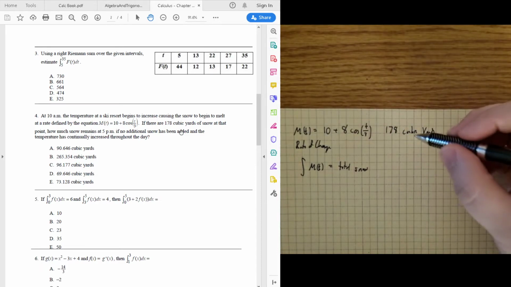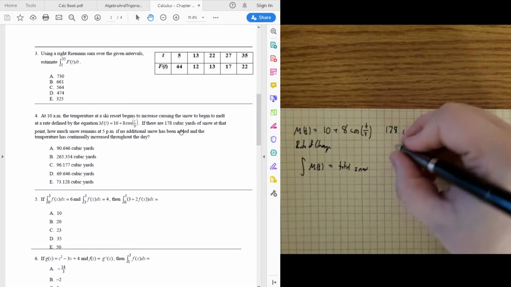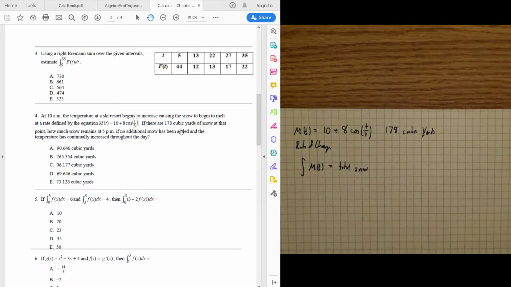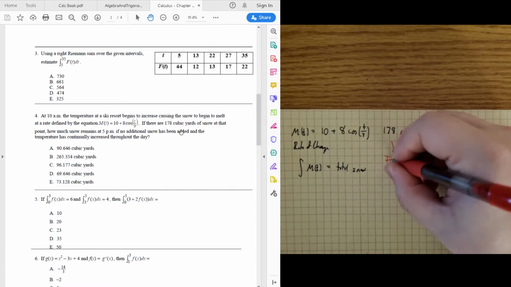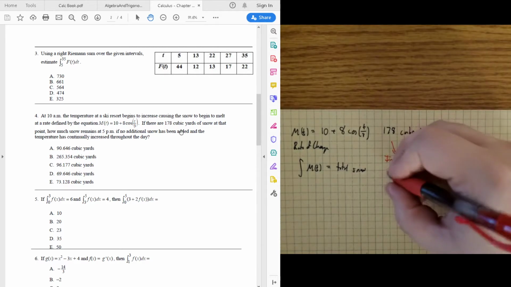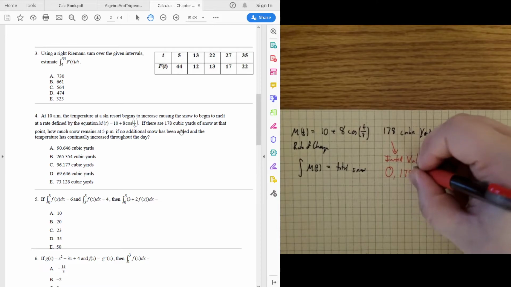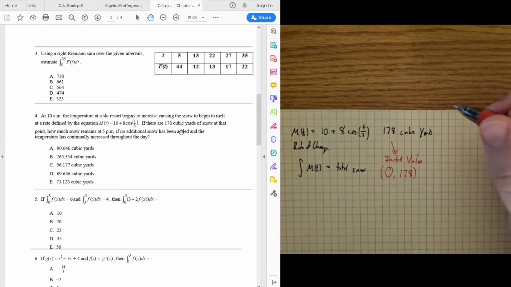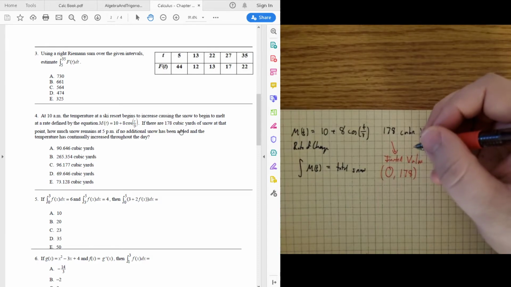What it's also saying is at the beginning of the day, it is at 178. What this 178 tells you is called an initial value. What that means is when the time is 0, you have 178 cubic yards of snow.